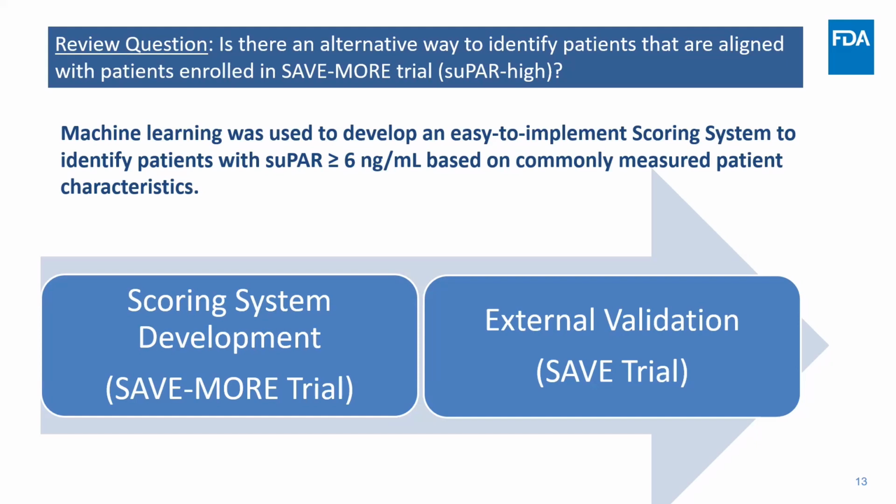Because we know suPAR is not commercially available in the United States, can we use other common lab values or baseline characteristics as a surrogate for suPAR? That's our strategy. It's very intuitive. So we used a machine learning algorithm to develop an easy-to-interpret, easy-to-implement scoring system to identify patients with suPAR larger or equal to 6, based on commonly measured patient characteristics.